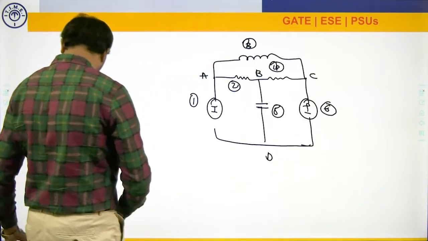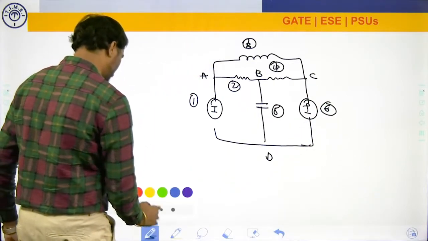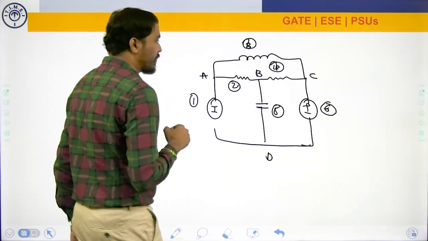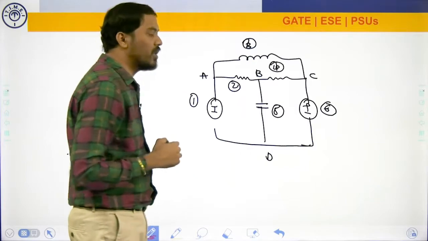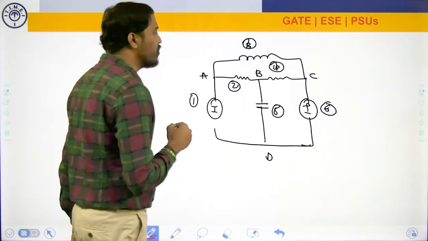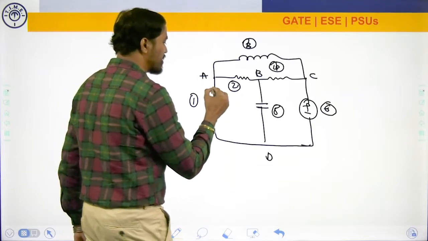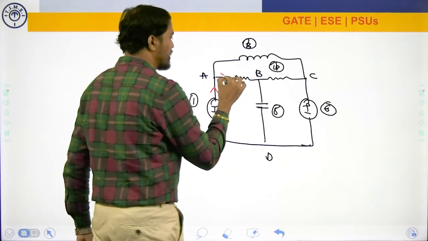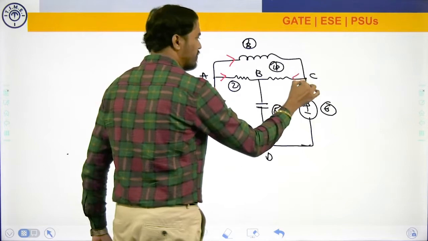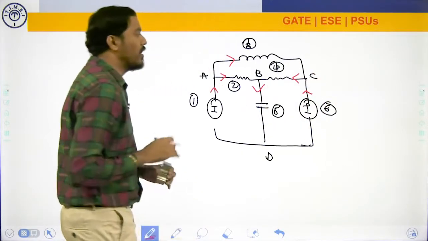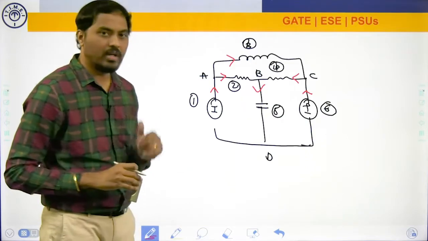Now, this is something called a network. Before drawing its equivalent graph, let me consider some current directions. Let's say the current directions are like this. I am just taking these current directions randomly.